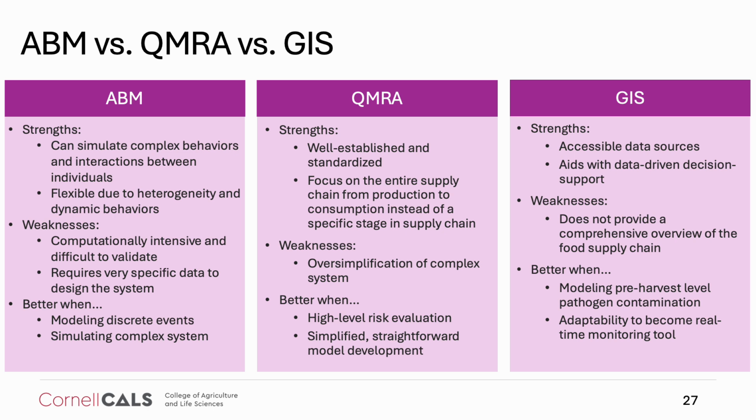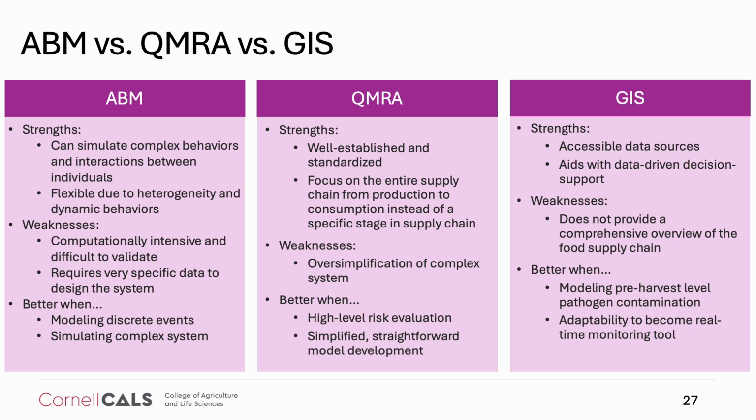For GIS, the data sources for GIS are readily available and they are constantly updated. So GIS has the least issue with the accessibility with data sources compared to any other modeling tools. Therefore, it can be best used for data-driven decision support process compared to other models where some values are based on assumptions.